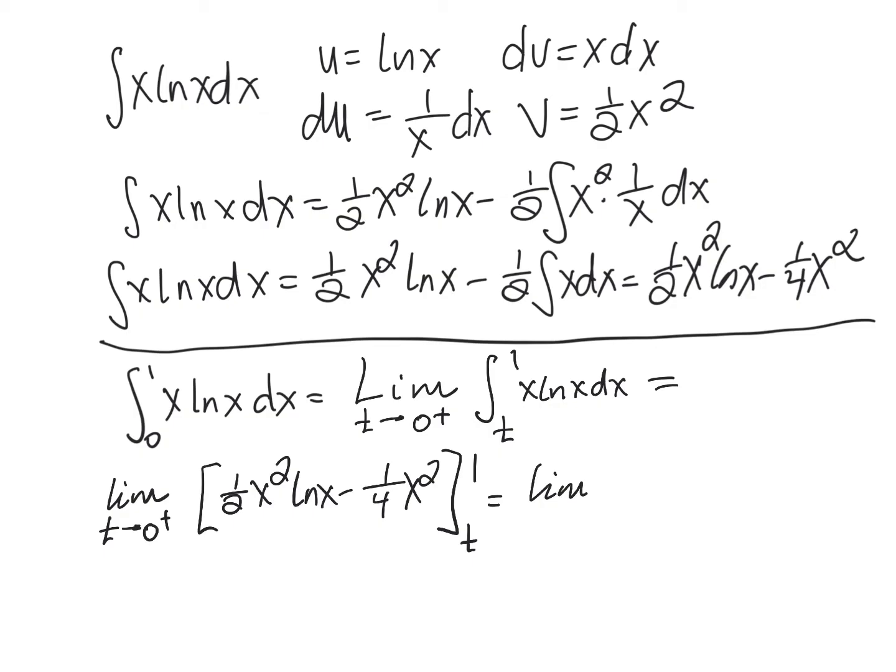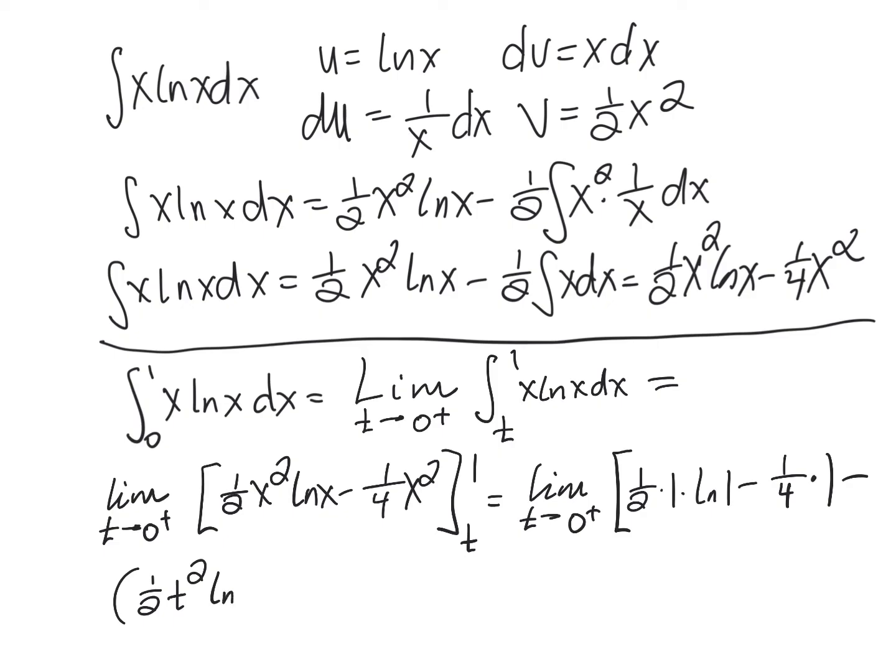Let's plug 1 in: 1/2 times 1 squared times natural log of 1, minus 1/4 times 1 squared. And then minus, plugging t in, 1/2 t squared natural log of t minus 1/4 t squared.